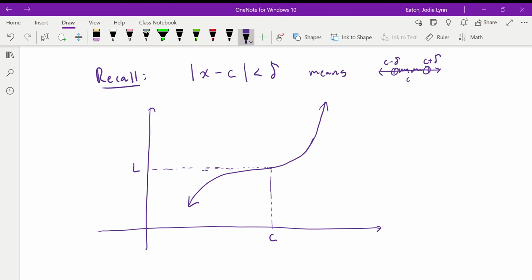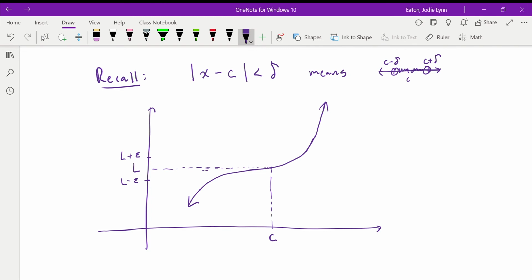So back to the definition. For all epsilon greater than 0, there exists a delta. For all epsilon means let's pick some specific epsilon. This statement doesn't have to be true for just this epsilon. It needs to be true for any epsilon. But we're going to pick one just so we can illustrate what it looks like on a graph.